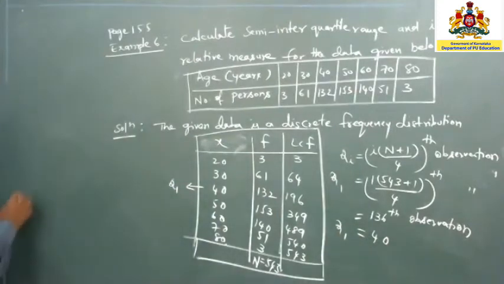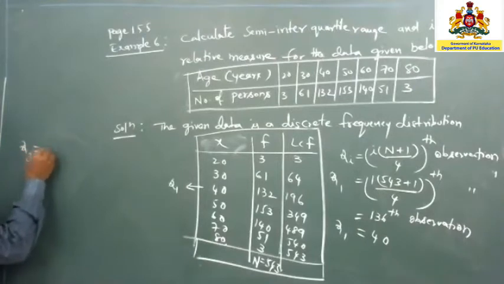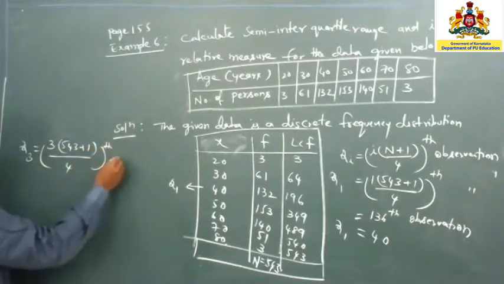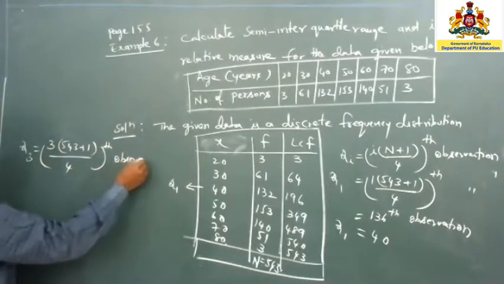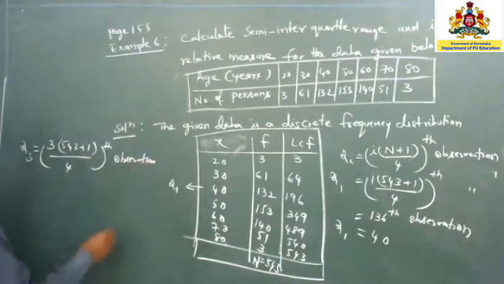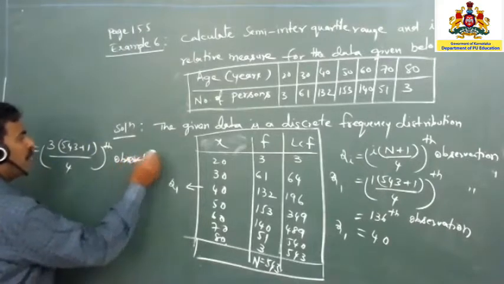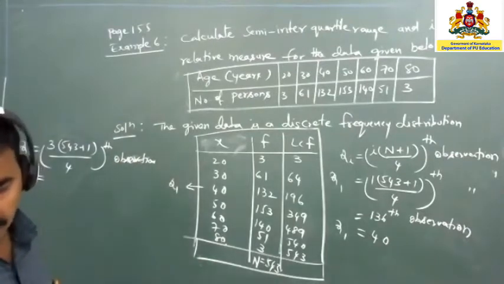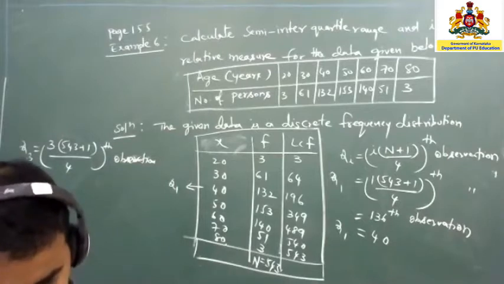Then come to Q3. So Q3 equals 3 into (543 plus 1) by 4th observation.